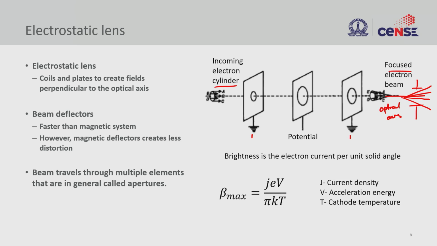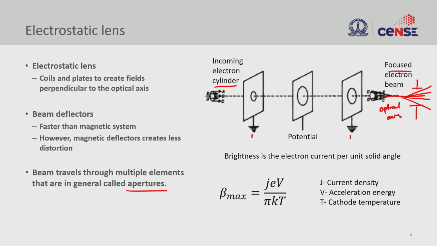And irrespective of the lens and deflection system, there are multiple apertures we use to profile the beam, to change the size of the beam from one lens system to the other. So this is all integrated into the column.